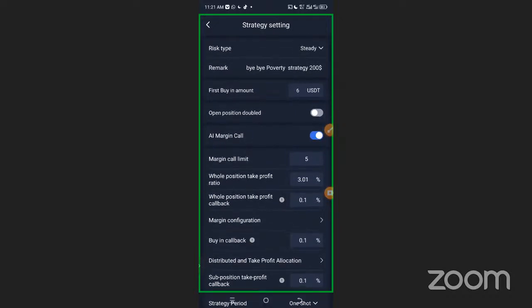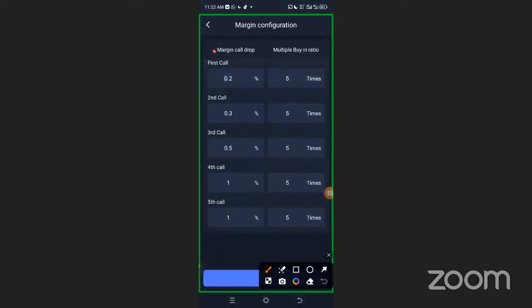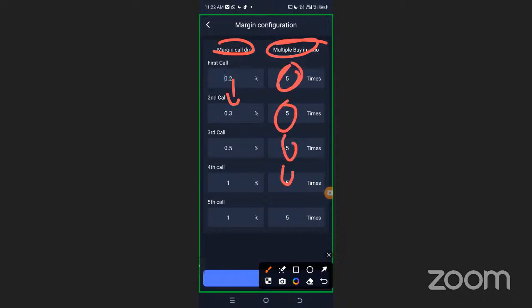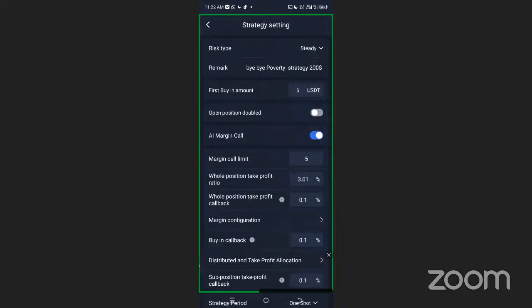Now, this is what we said here on margin configuration, that the robot is buying the margin calls when the market drops, which is 5. It is multiple buying ratio, which is 5. This 5 times the first buy-in amount.